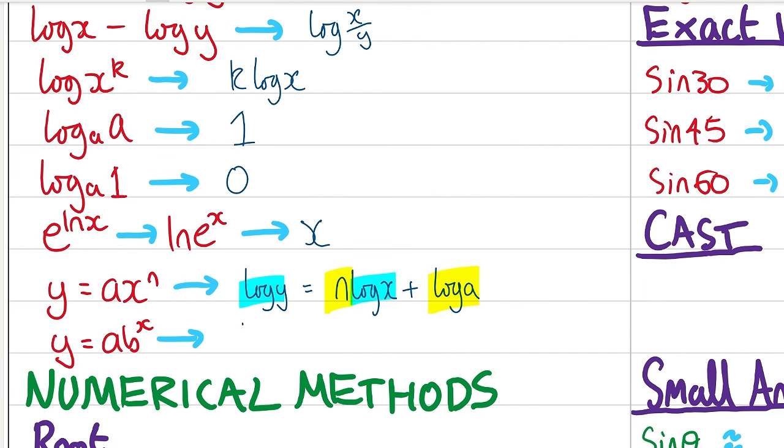I could do the same for this one as well. I will get log y is equal to log b times x plus log a, and in this case we have log y as the variable, x as the variable, log b as the gradient, and log a as the intercept.